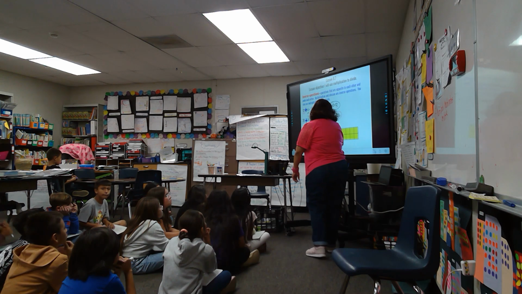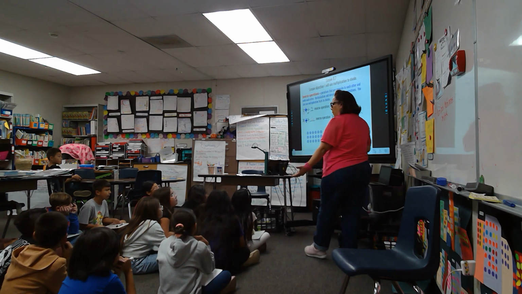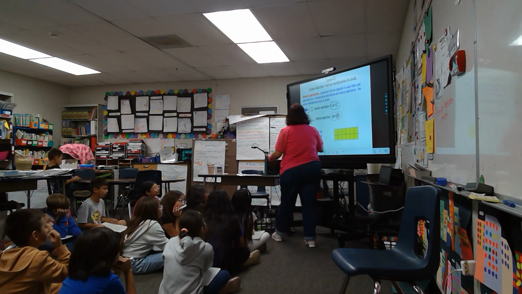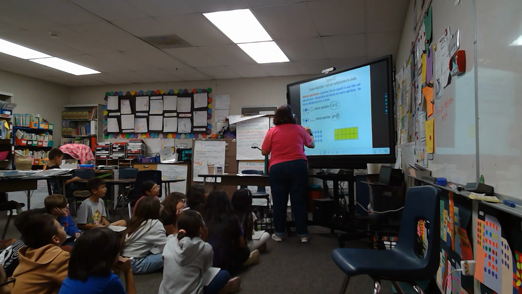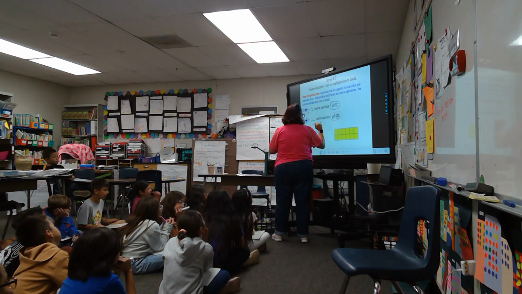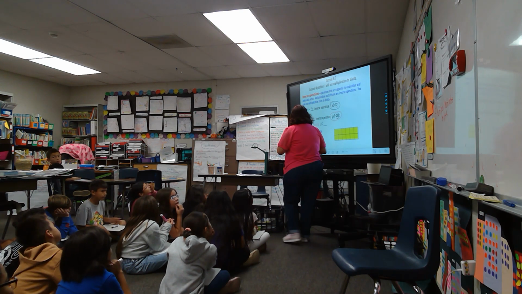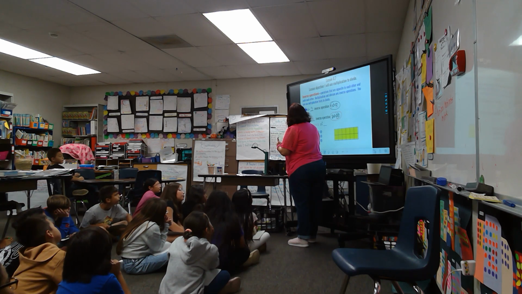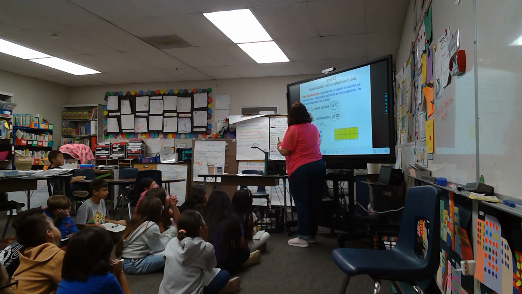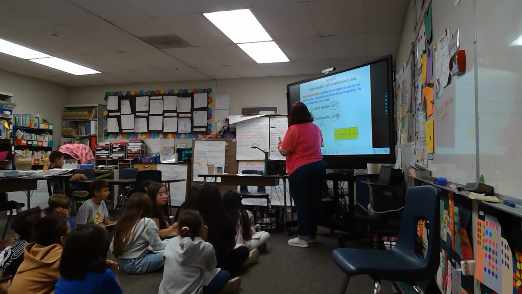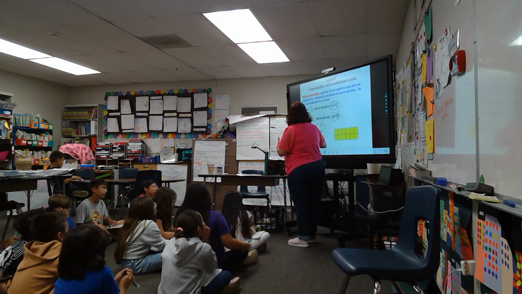Okay, now I have this, and this might be on the homework. I have an array, so I'm going to set it up first. I'm going to do blank rows of blank. I have 1, 2, 3, so I have 3 rows. And then how many columns do I have? 1, 2, 3, 4, 5, 6.